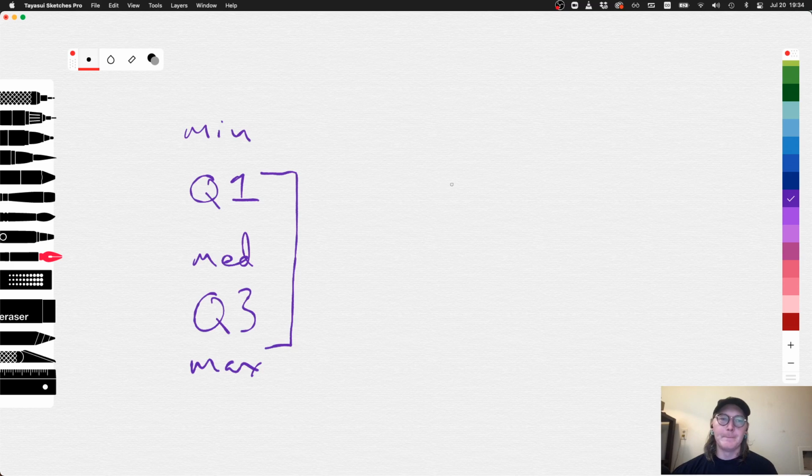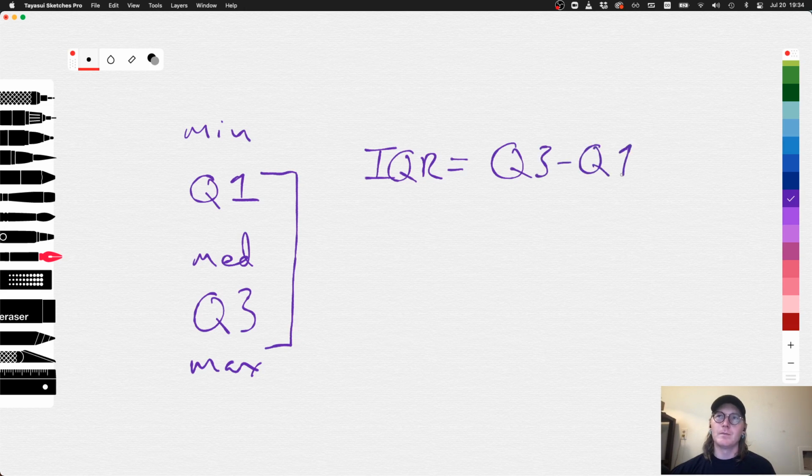The way we determine IQR, and this is a single numeric value, just a single scalar value, a measurement, is simply Q3 minus Q1. That is the range that the middle 50% of values falls into. So it has the min of the IQR and the max of the IQR.